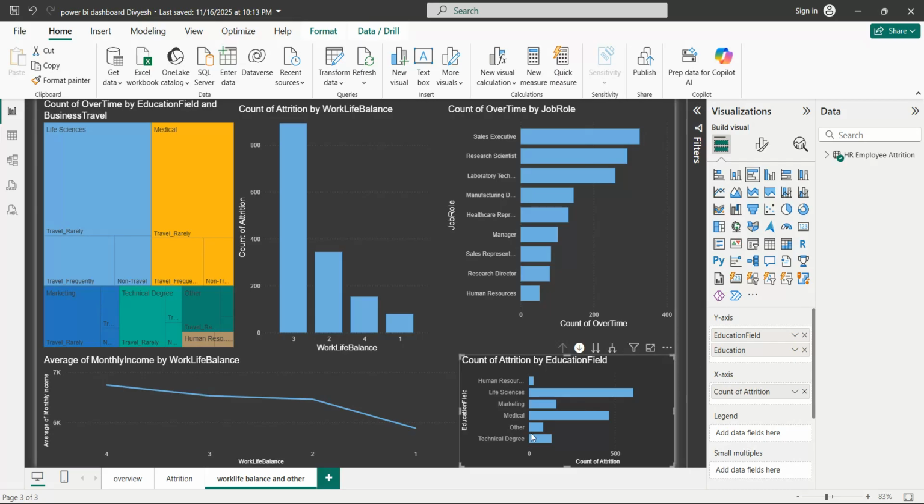So what can we interpret from it? Life science and medical backgrounds dominate roles like R&D, lab work, or scientific positions. So these job roles have high workload and overtime, leading to higher attrition.